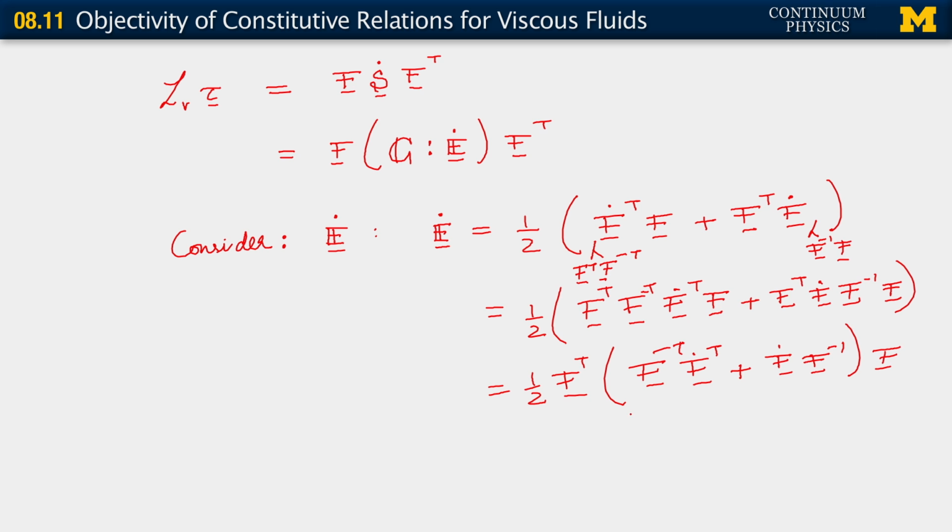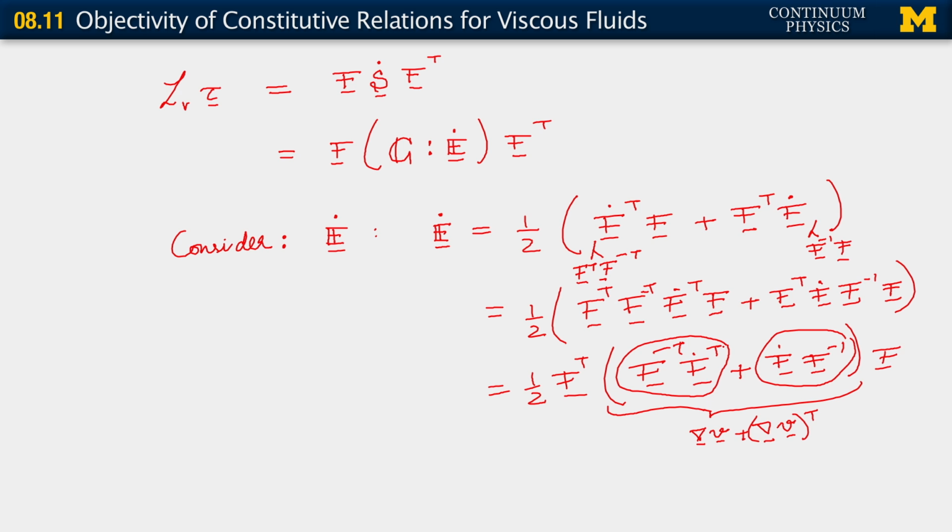Now when I pull this half on the inside here, what you should see is that this is basically gradient of V plus gradient of V transpose. Okay, this term is gradient of V and that term is gradient of V transpose.